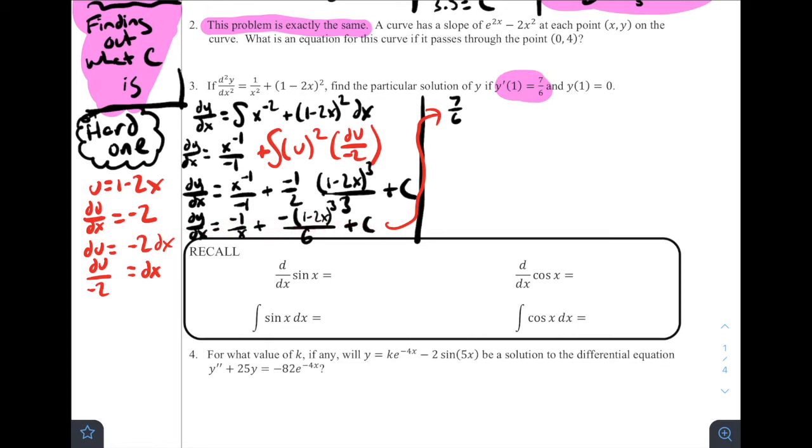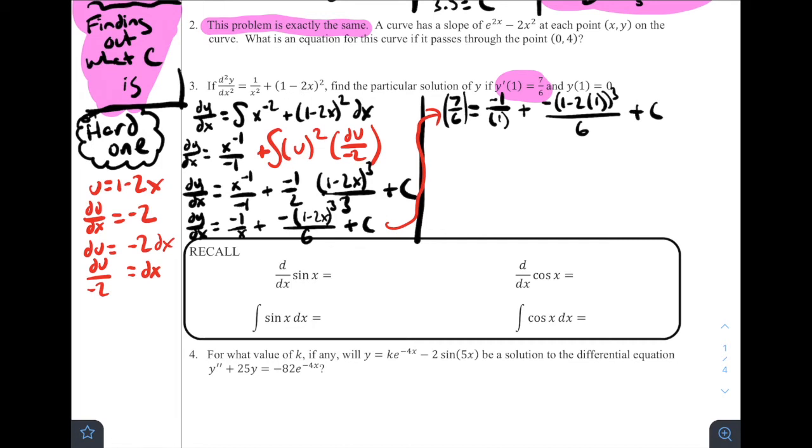7 over 6 is going to be equal to negative 1 over our x, which is 1, plus negative (1 minus 2 times 1) cubed over 6 plus whatever c is.